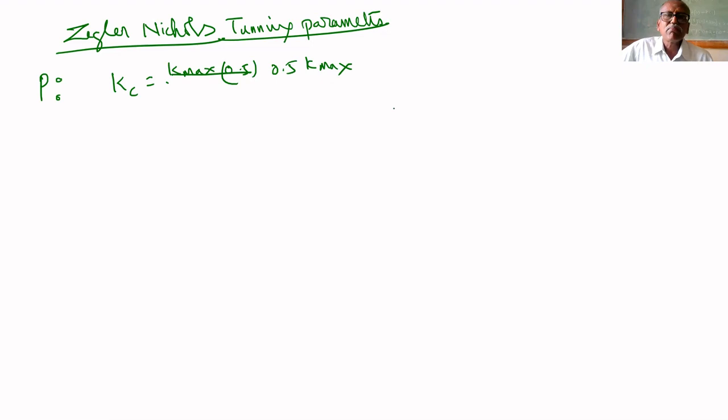If it is in PB, as in the lab, what is the relation between PB and Kc? Kc equals 100 by PB. So if PB decreases, then Kc will increase. In that case, you have to divide by 0.5. So 0.5 times Kmax is Kc. That is for the P only controller.